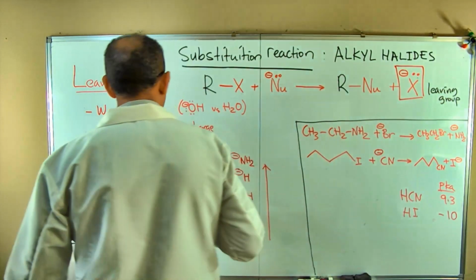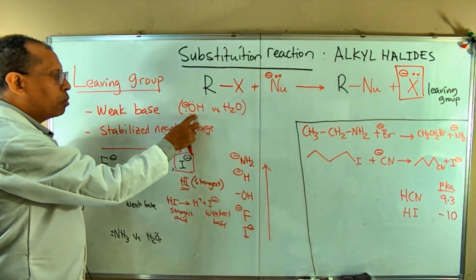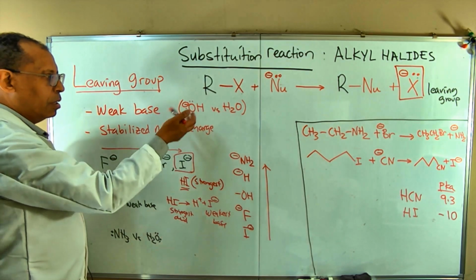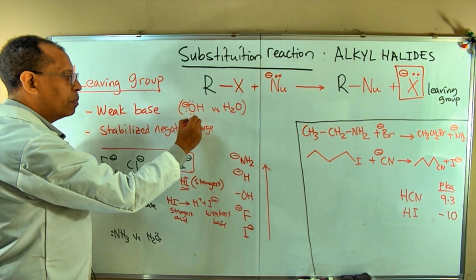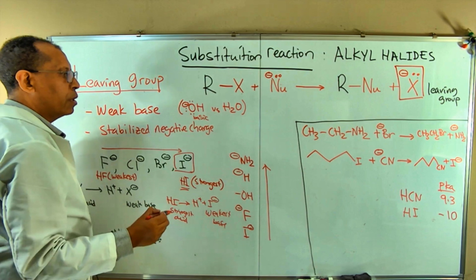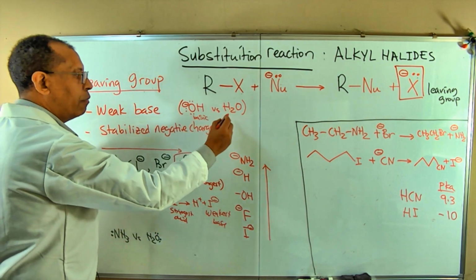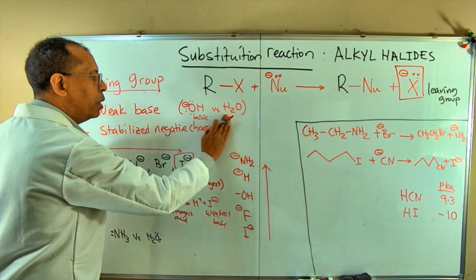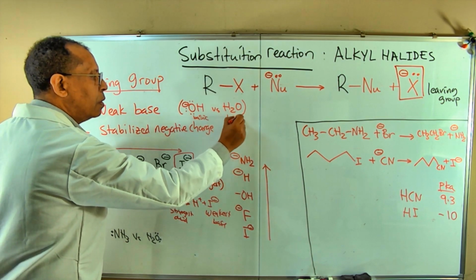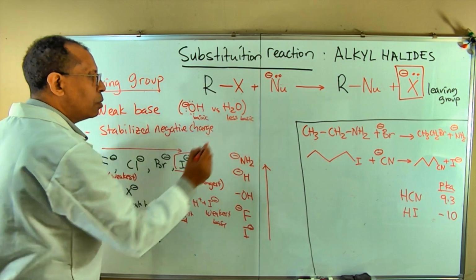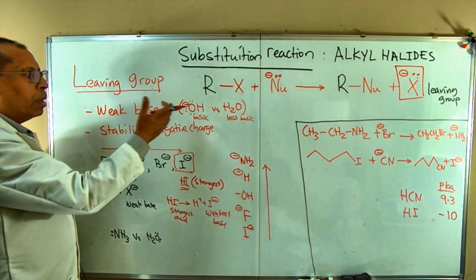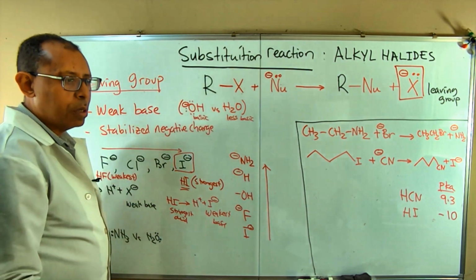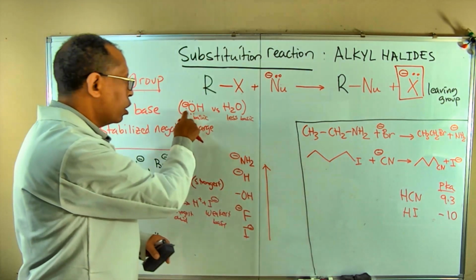For example, if you just look at hydroxide, OH minus, versus water. So the basicity obviously is, this is strongly basic. OH minus is very strongly basic compared to water, obviously. So this is much less basic. So as a leaving group, OH minus is not a good leaving group, but water is a good leaving group as compared to OH minus.